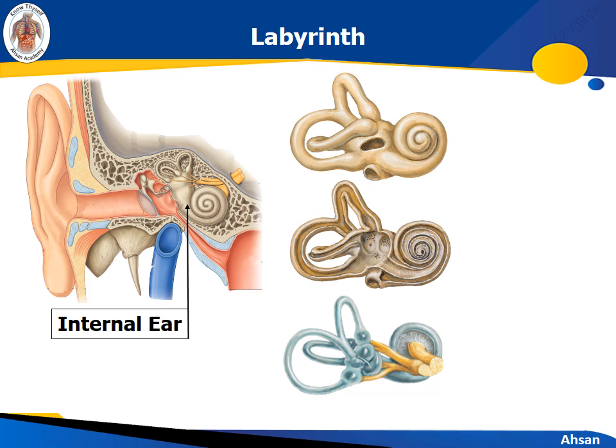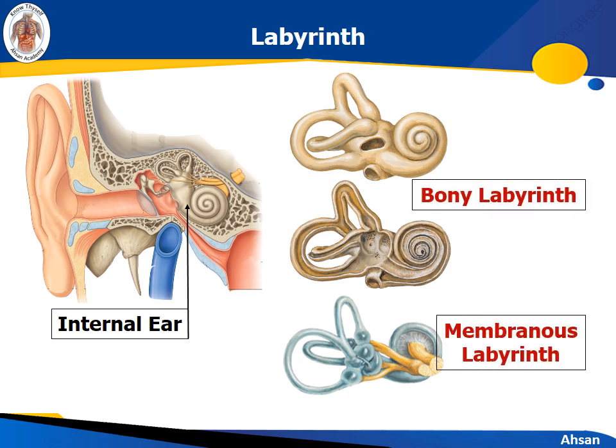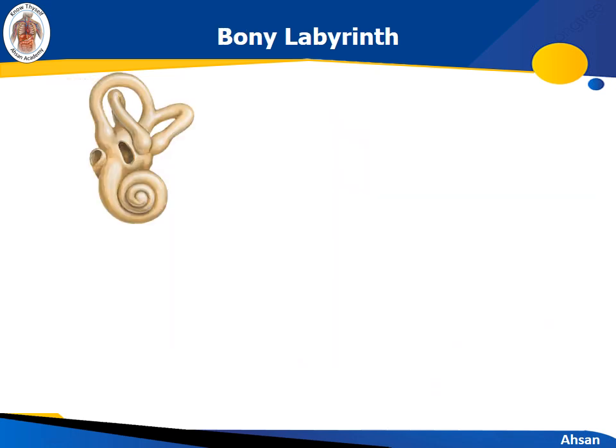So easily you can imagine the above figure is the tunnel inside the bone, a very complicated pathway, and the membranous labyrinth present inside is another pathway that has a lumen and is also complicated. So this one is the bony labyrinth and this is the membranous labyrinth. I think the conception is clear.